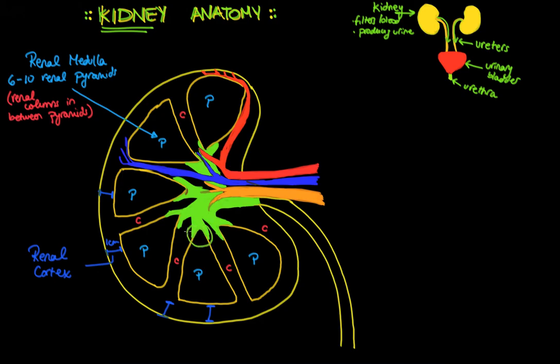So I'm going to circle one calyx, and I'm going to label that as the minor calyx. And what that does is that it's actually going to pool the urine from each pyramid, and then it joins to become a larger structure that we call the major calyx. So let me highlight that for you. I'm going to circle that, and that is going to be the major calyx.